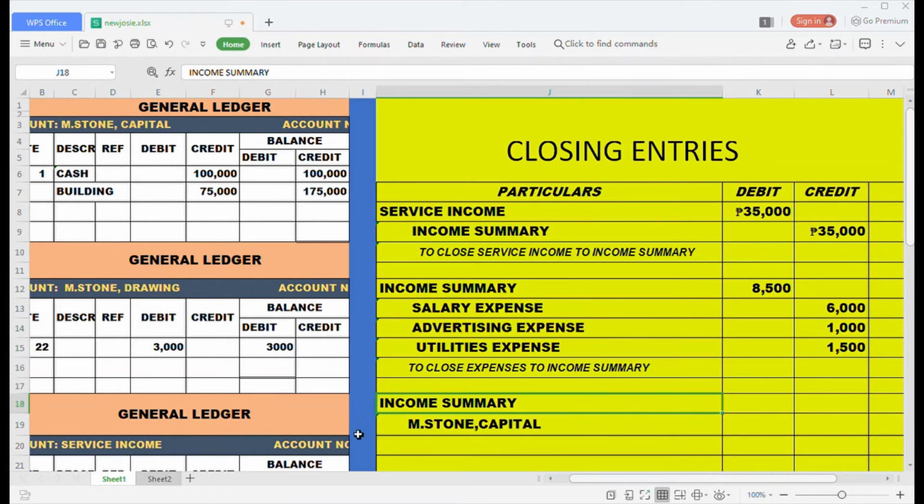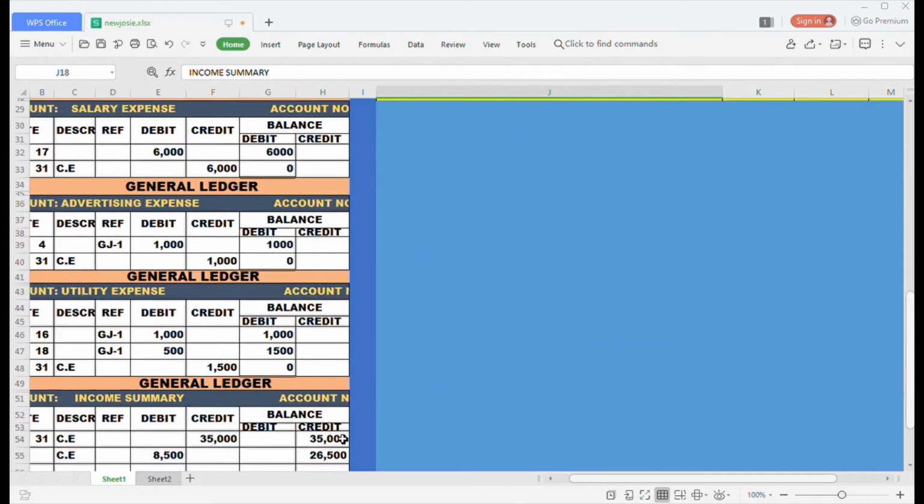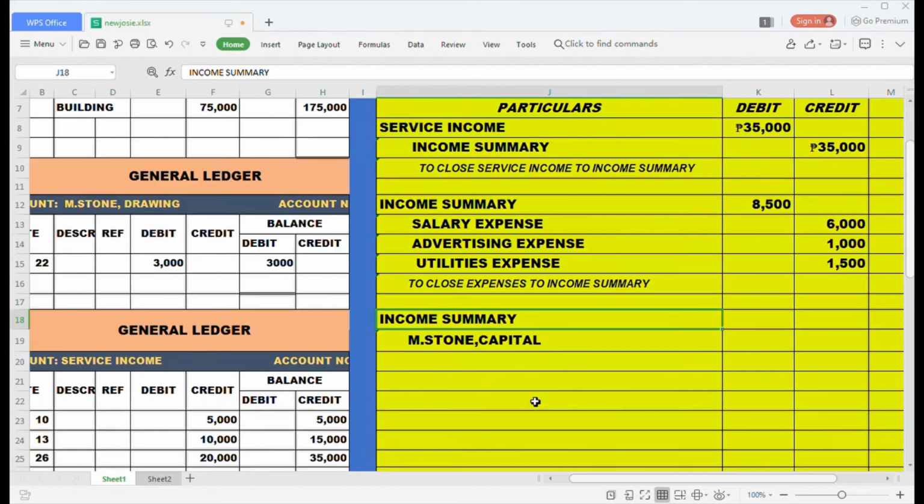Okay, so punta tayo sa ating income summary. Here, 26,500. Okay, 26,500. And to our owner's equity, this is 26,500. So after we do the closing entries, close din natin yung general ledger natin.